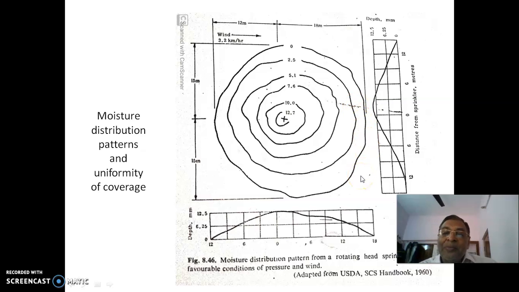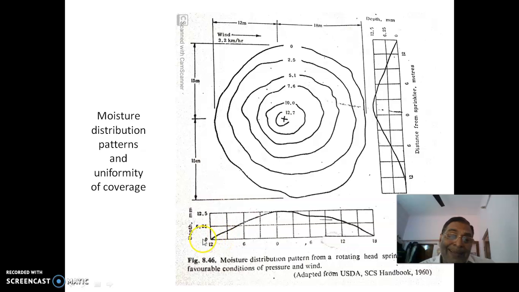So the desired depth, if you want to achieve it uniformly, if you have a depth in mm, at the center it's a maximum of 12.5. As you are moving away from the sprinkler, this is the center of the sprinkler. This is in terms of contour, and this is in terms of some kind of scale height, ISO height.